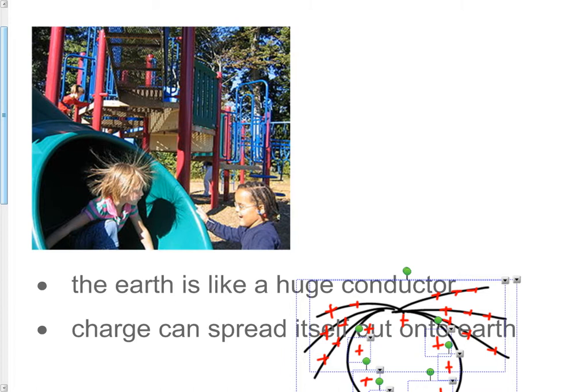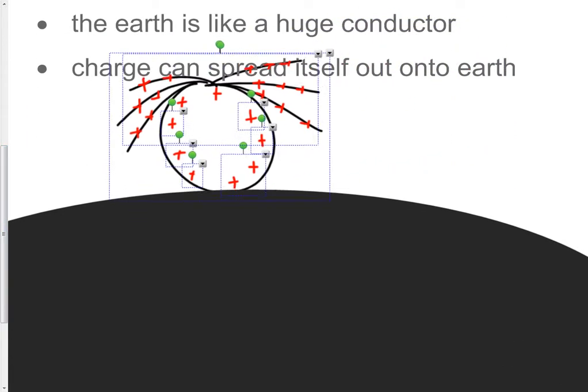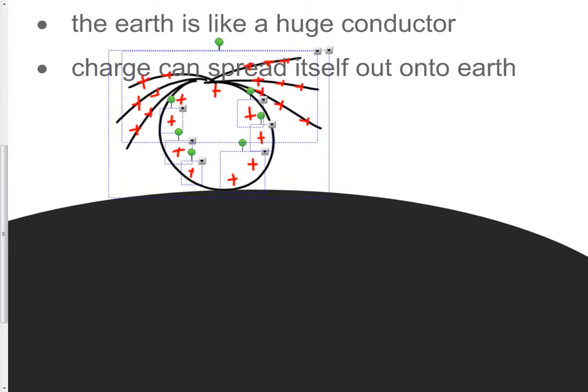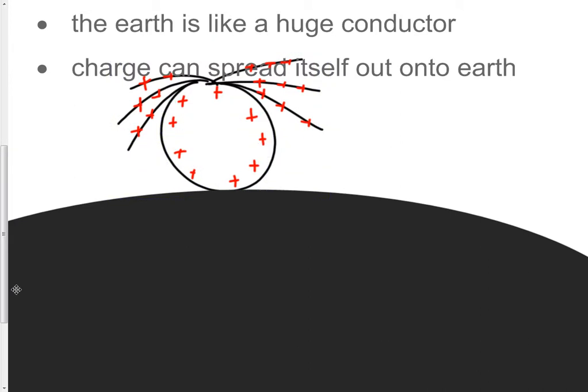If this kid comes in contact with the earth via some conducting path, like touching the earth with their hand, then this charge is going to spread itself out across the combined surface of the kid and the earth.